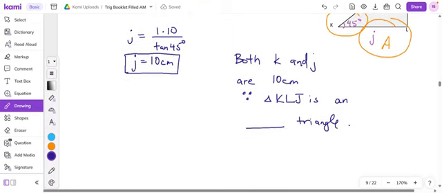Both K and J are 10 centimeters because triangle KJL is a what triangle? I heard someone say it. An isosceles. So two sides and two angles are identical. So that would be a good communication question. Why is tan of 45 equal to 1?